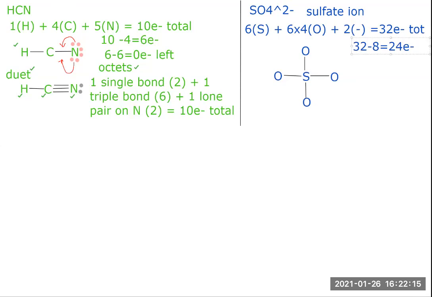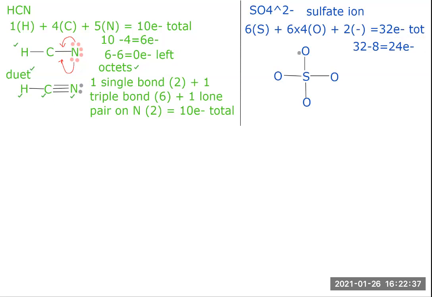Those 24 electrons left need to be distributed as lone pairs on the outside atoms first. So we will do lone pairs, and we will start with all the oxygen. Because each oxygen has a single bond, right now they have 2 electrons around them, and they want 8, they want an octet.